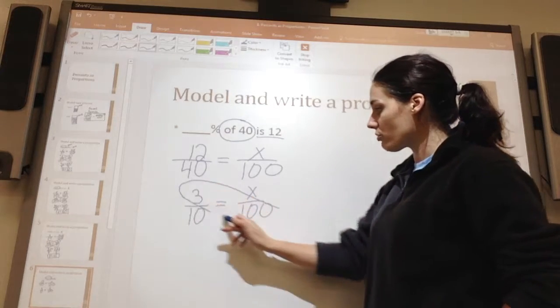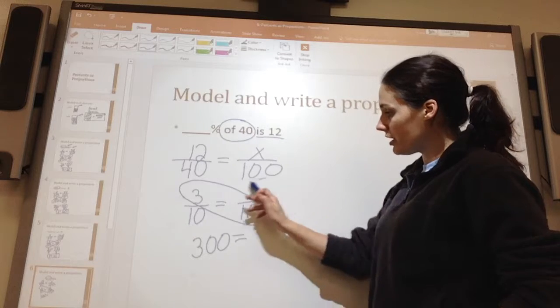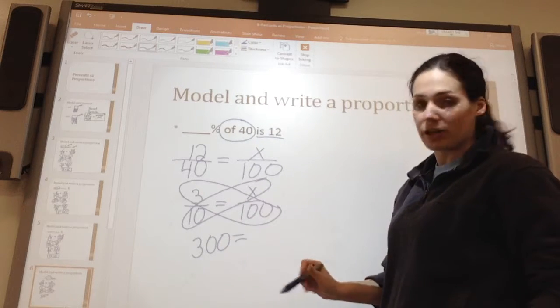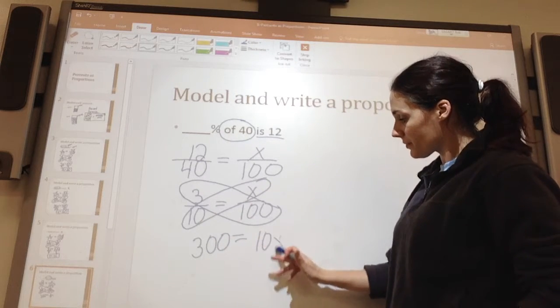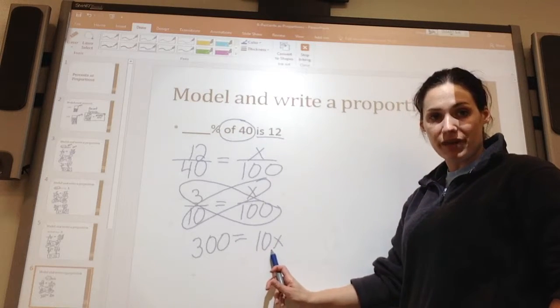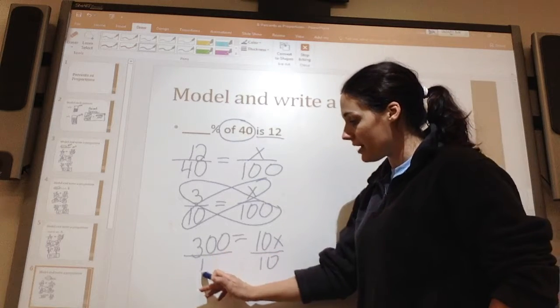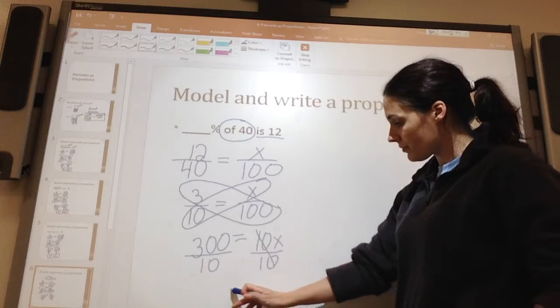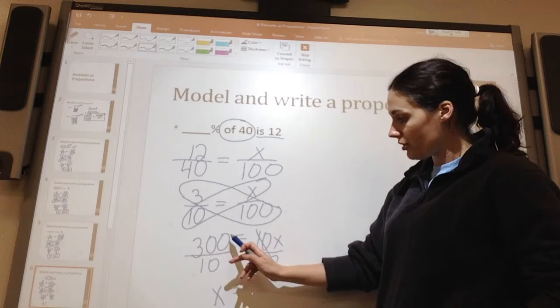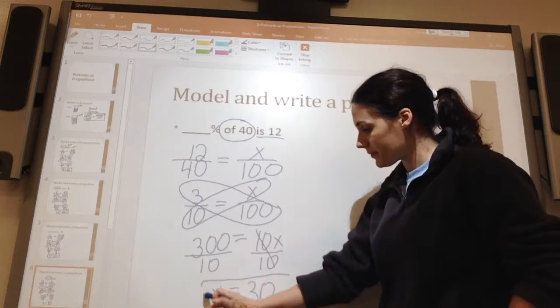I'm going to do 3 times 100, 300, equals, and then multiplication in the other direction would get me 10x. This time I look on this side because that's where my variable is. X is being multiplied by 10. So I'm going to inverse that by dividing by 10. X equals 300 divided by 10 is 30.